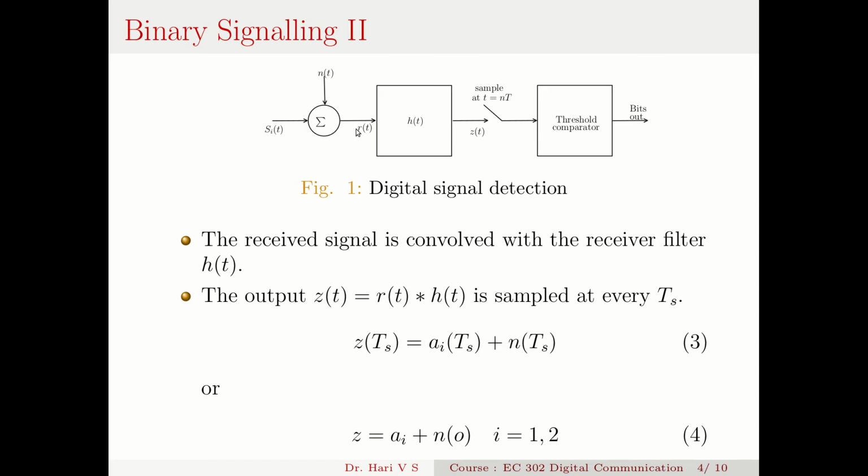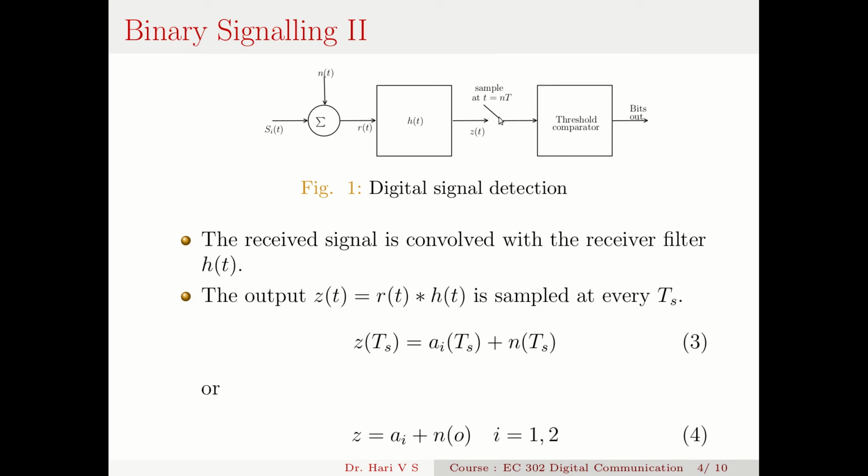Now at the receiver, there is a receiver filter. In digital signal processing, any discrete system is called a filter. So r(t) is convolved with my h(t). The output of the receiver filter is z(t), equal to r(t) convolved with h(t). This z(t) is sampled at every symbol duration, that is at t equal to nT.